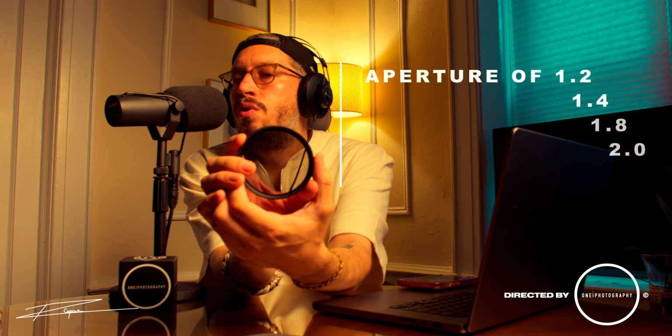So again, if you have a fast lens, and a fast lens is anything that is 1.2, 1.4, 1.8, we can even consider a 2.8 lens to let a lot of light in.